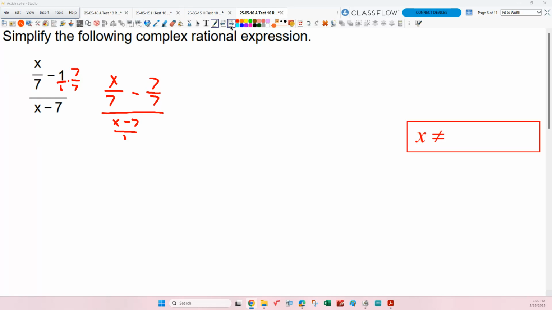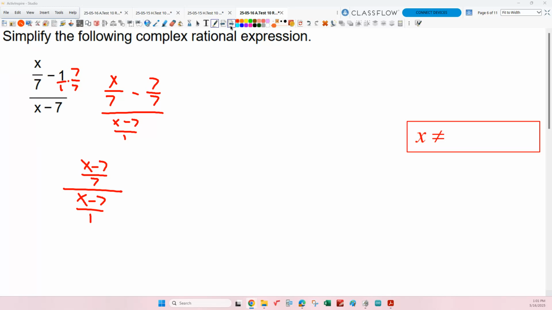Combine the x minus 7. We can combine this into one fraction, because now I can use keep it, change it, flip it, since I have a fraction on top and a fraction on the bottom.